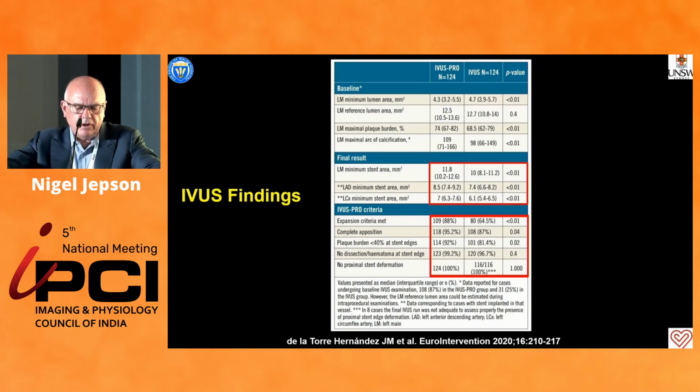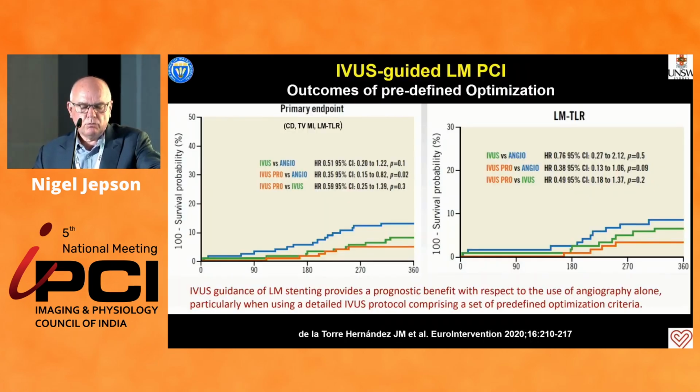And compared to conventional IVUS guidance, the IVUS Pro group has bigger left main stent areas significantly, 11.8 versus 10, bigger stent areas in the circumflex and the LAD proximally significantly, expansion criteria met with IVUS Pro, 88% versus 65%, more complete apposition and importantly, less likely to terminate the stent with a plaque burden more than 40% at stent margin.